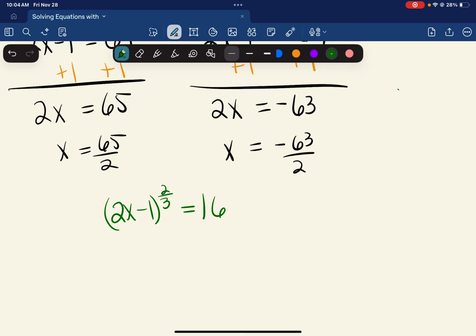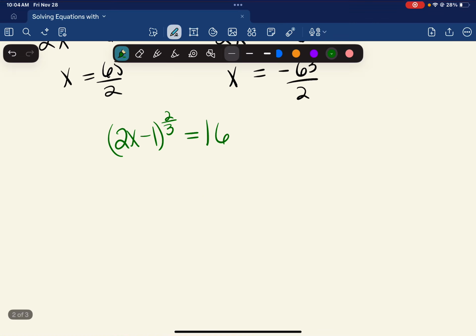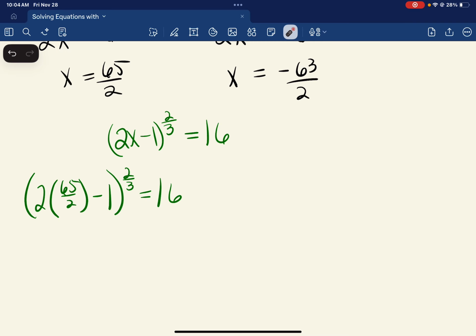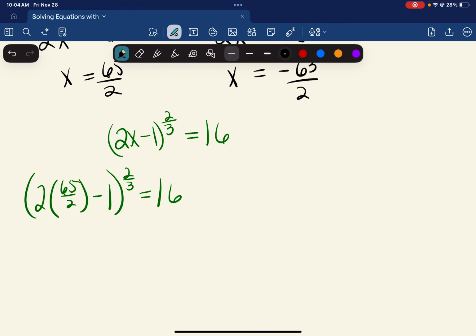So let's substitute in the 65 halves first. So I have 2 times 65 halves minus 1 to the 2/3 power should equal 16. And when I multiply 2 times 65 halves, those reduce. So let me go ahead and reduce those.